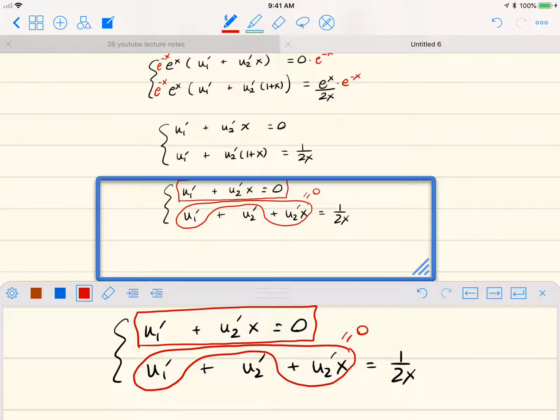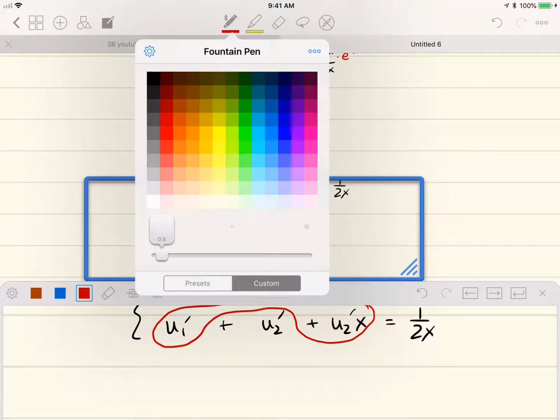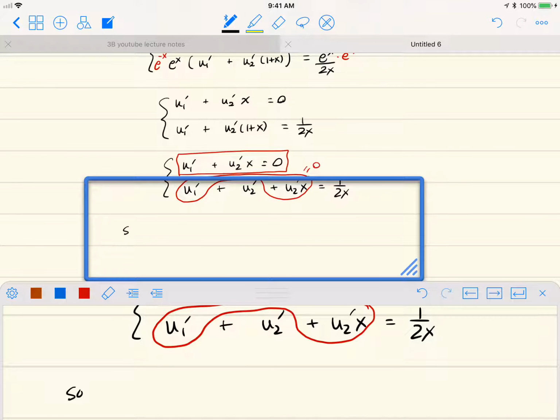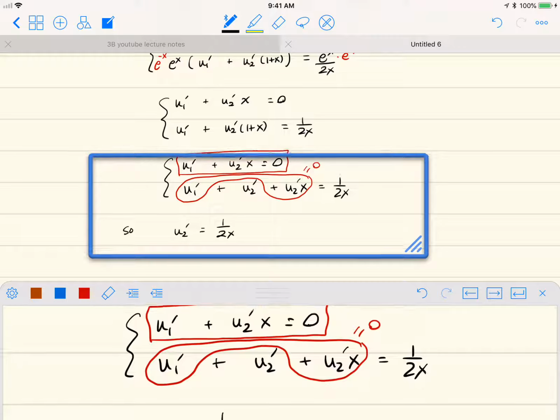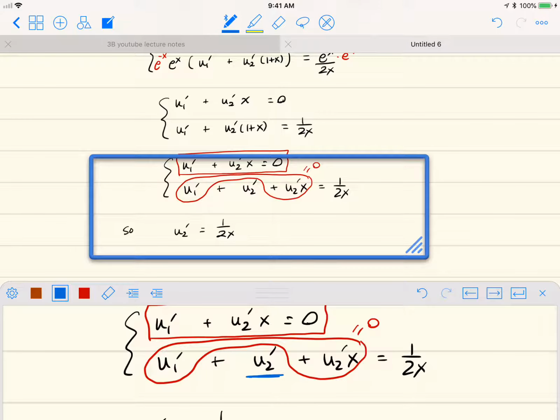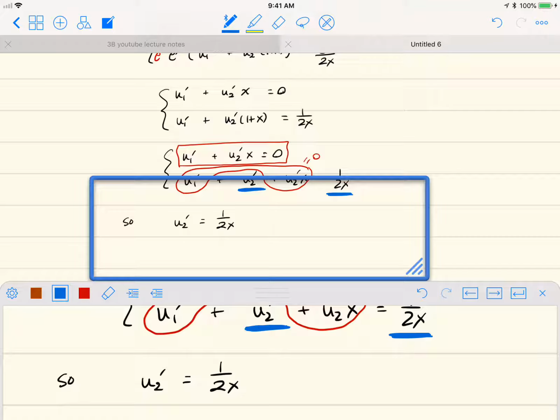This tells me that u2 prime is equal to 1 over 2x, because that's the only thing that's left. So I've solved for u2 prime.